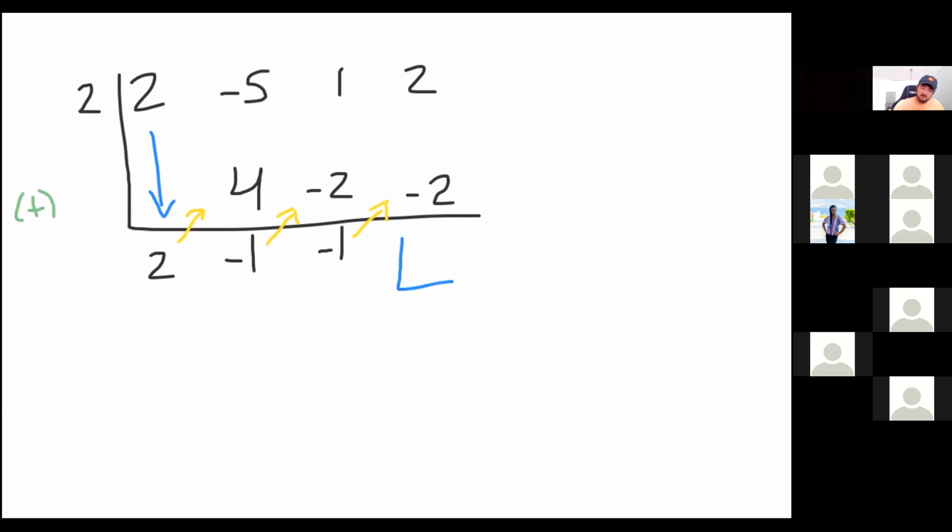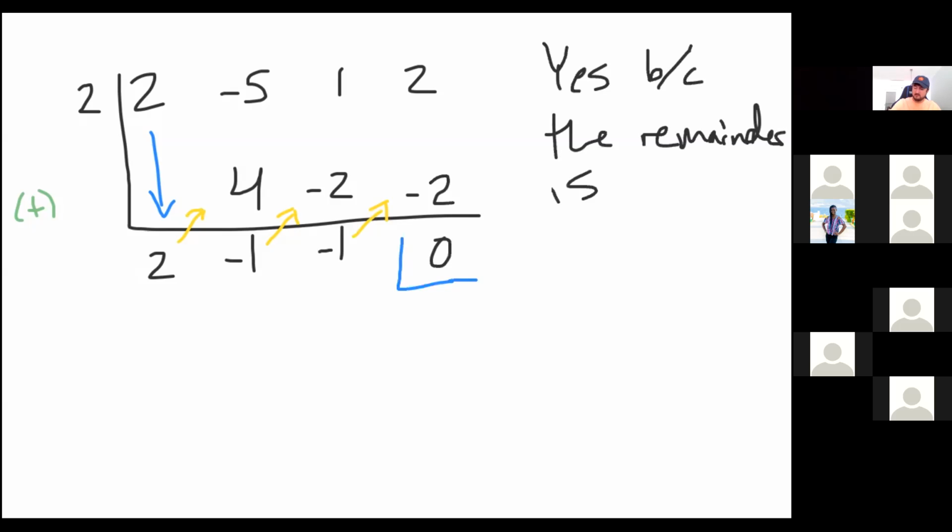And at the very end, 2 plus -2 gives me a remainder of 0. Okay? So is this thing a factor? The answer is yes, because the remainder is 0.